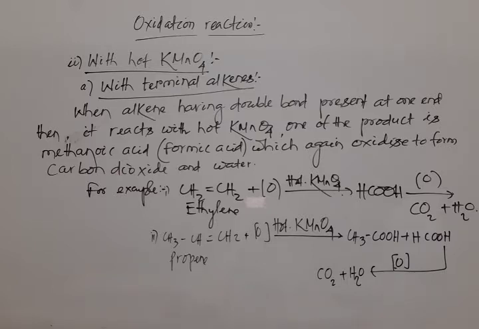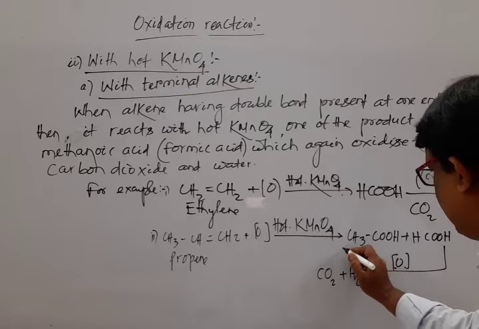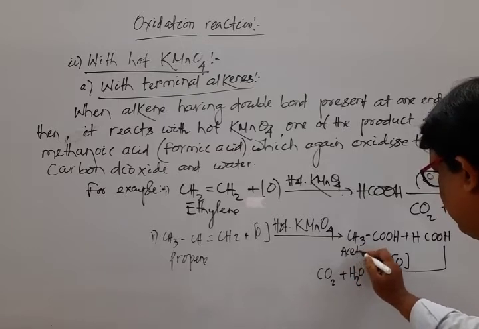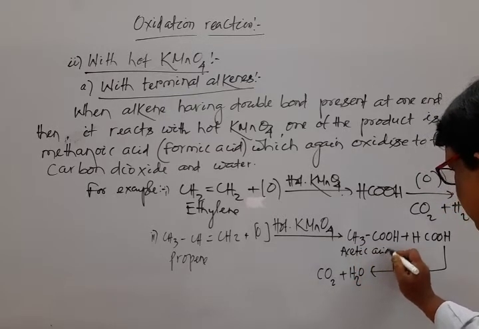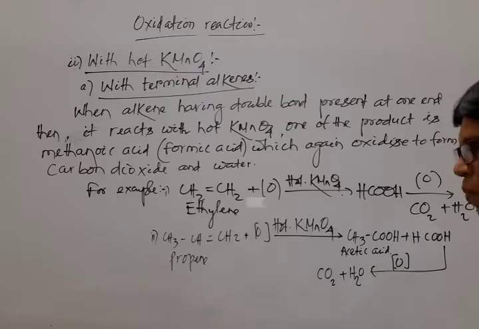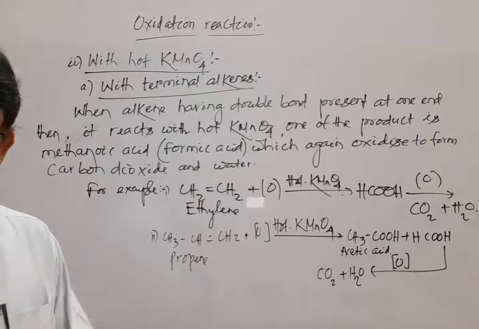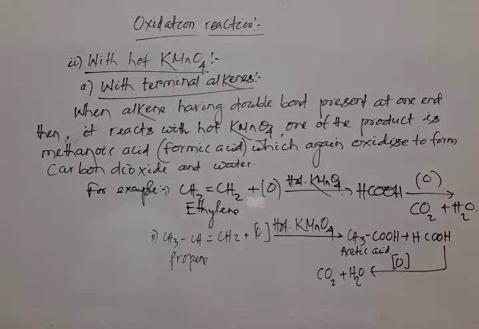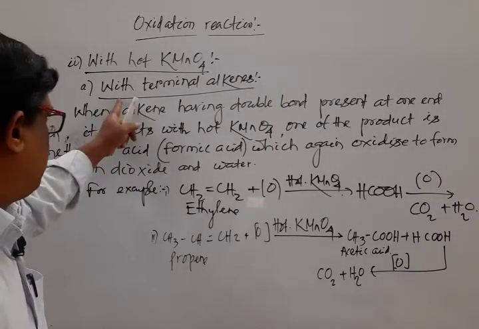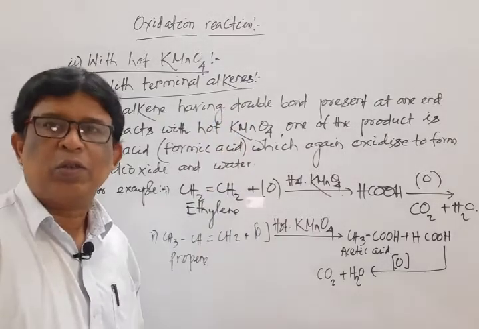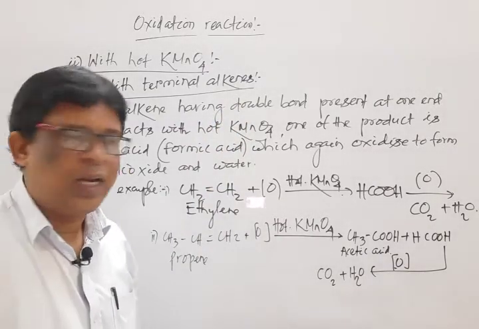CH3COOH is known as ethanoic acid or acetic acid. Its common name is acetic acid. Its name is propene. Okay. Next bit, bit 1 was with terminal alkene, then switch over to bit 2, non-terminal alkene.